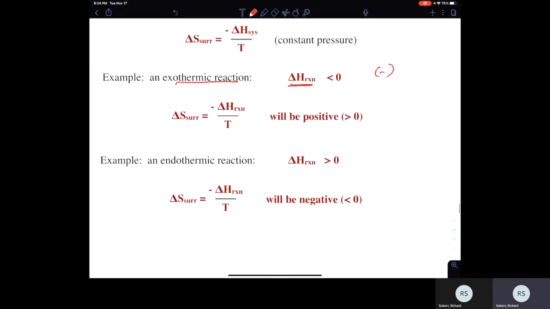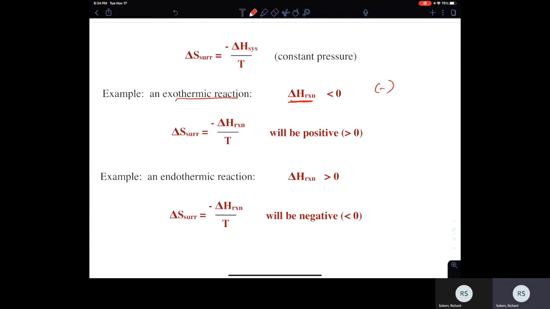So if you plug that in, delta H reaction, there's a negative here because we're already relating the surroundings to the system. So there's a negative there already. The delta H is equal to the heat because it's constant pressure. So if the delta H for the system, or the Q for the system, is negative, that means the heat for the surroundings will be positive.